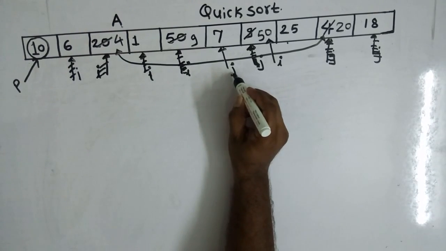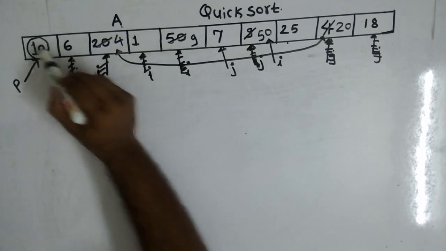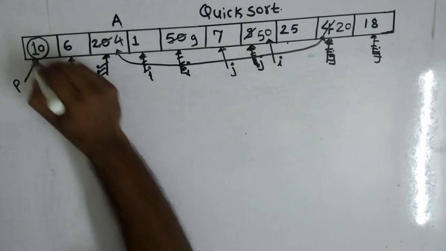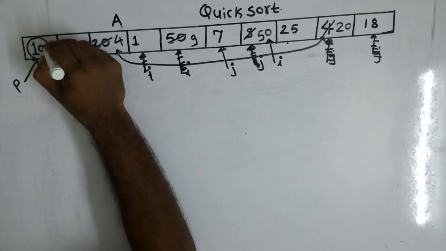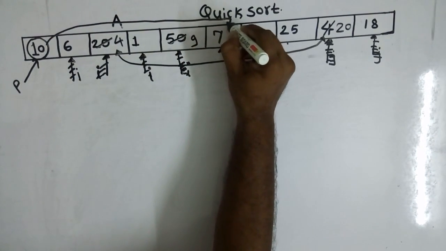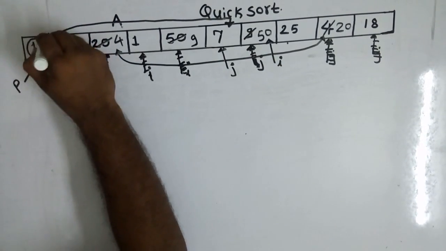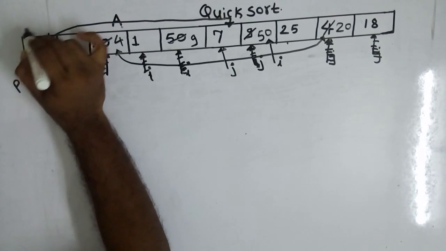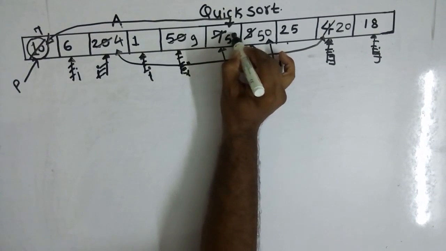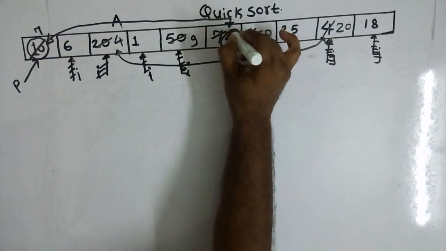So this time we will not swap a of i with a of j, but we will swap the pivot element with j. So I'll do this swapping. So I will bring 7 here, I bring 50 here. So this is the place of partitioning.